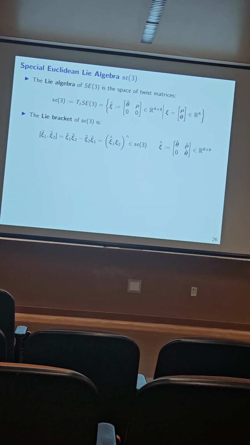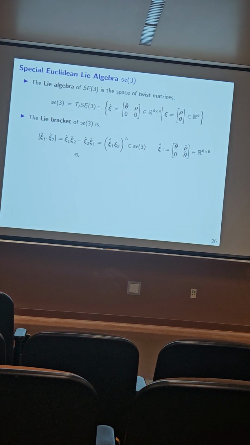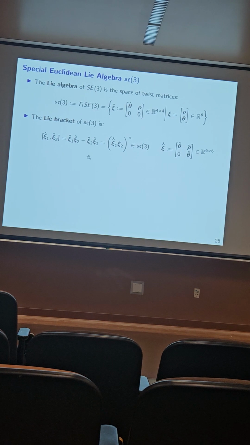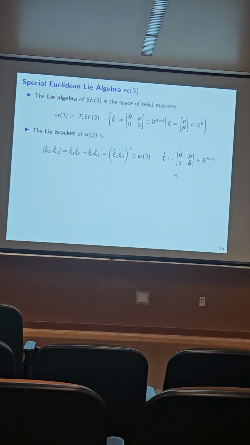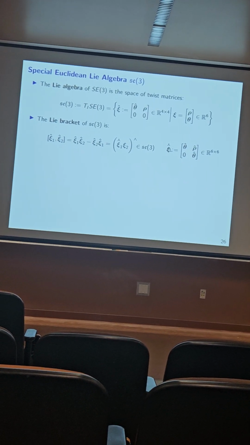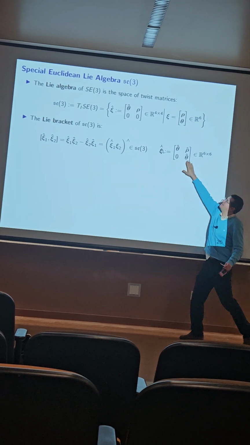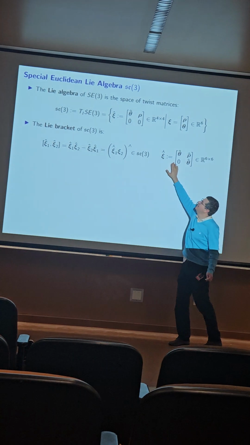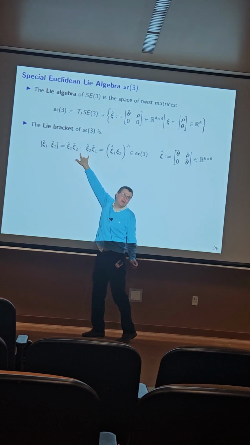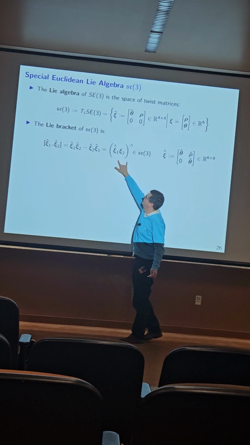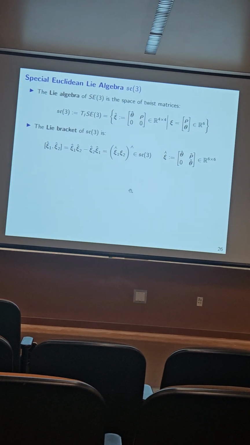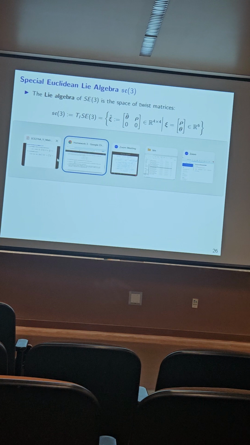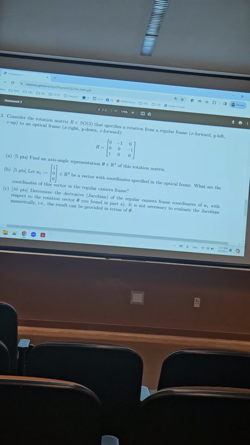But for the poses, there's also something called a curly hat that looks like this. So it's xi hat, rho hat, xi hat. So this expression that we got there is actually this. This is the Lie bracket. So let's use it. I guess go back to our slides.